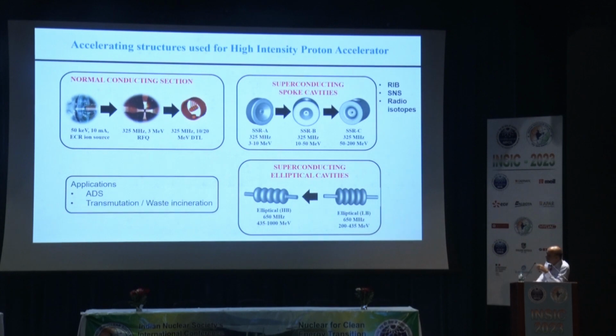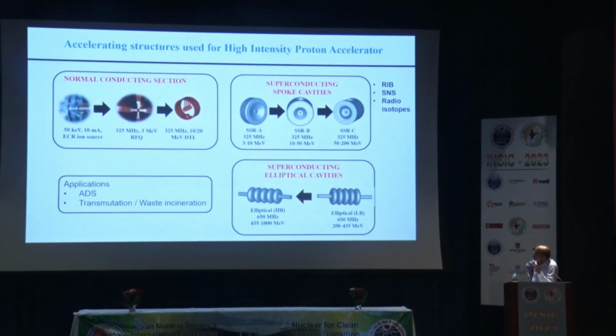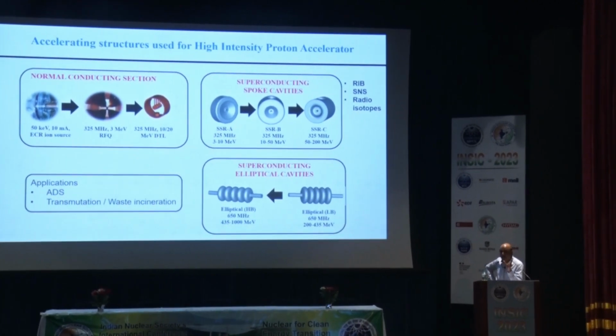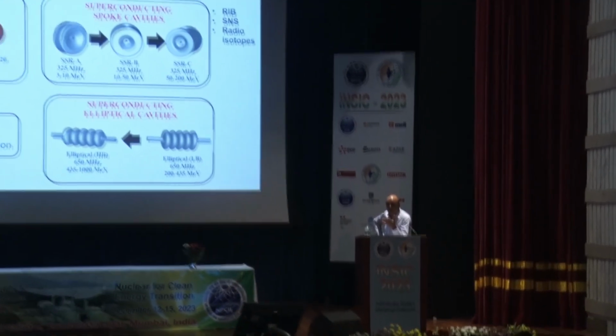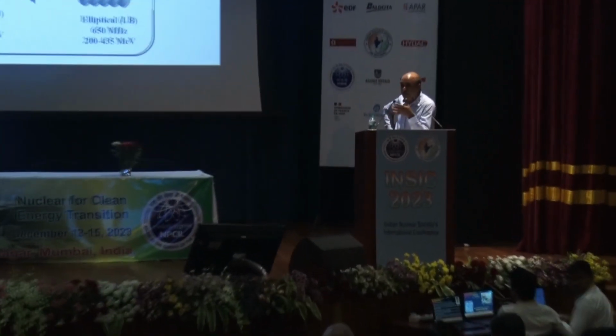Well, this is a typical slide which shows the different accelerating structures we plan to use. The accelerator can be divided into two parts. The first is the normal conducting structures, and the other is the superconducting part. I am discussing the linear accelerators, that is, proton accelerators. In the normal conducting accelerator, we use a structure called radio frequency quadrupole.